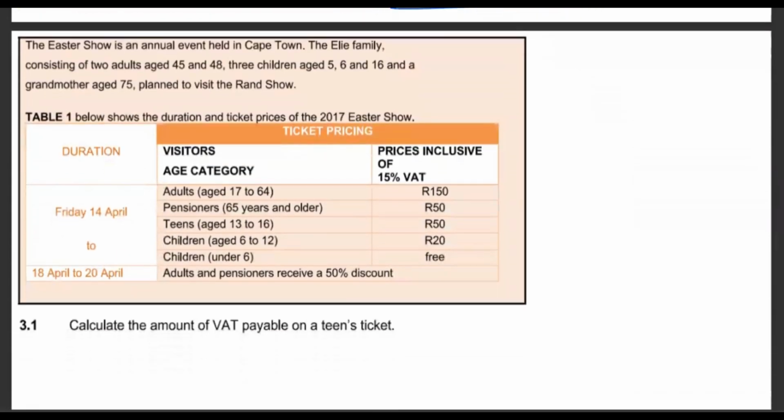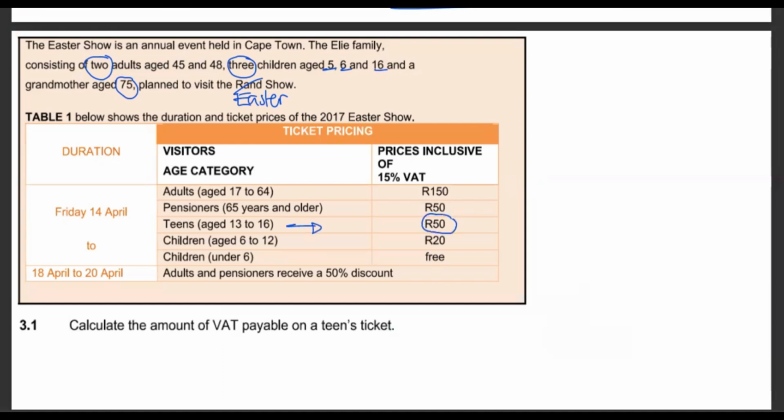Yes, the Easter show, an annual event, is held in Cape Town. The family consisting of 2 adults, take note of that, 2 adults, 3 children aged 5, 6, and 16, and a grandmother aged 75, plan to visit the Easter show. They're saying, calculate the amount of VAT payable on a teen's ticket. The teen, this is the money. Already this money includes VAT.